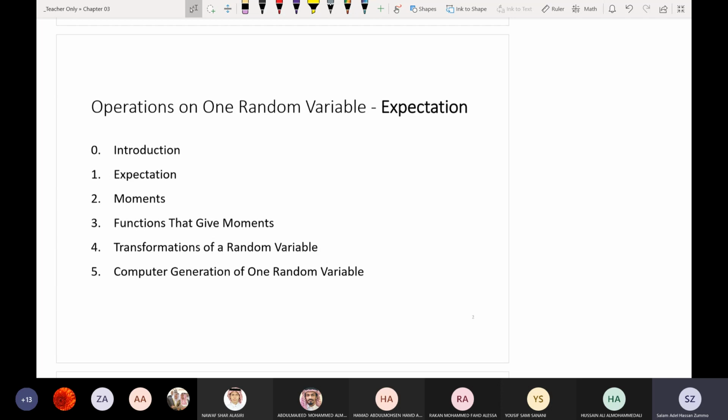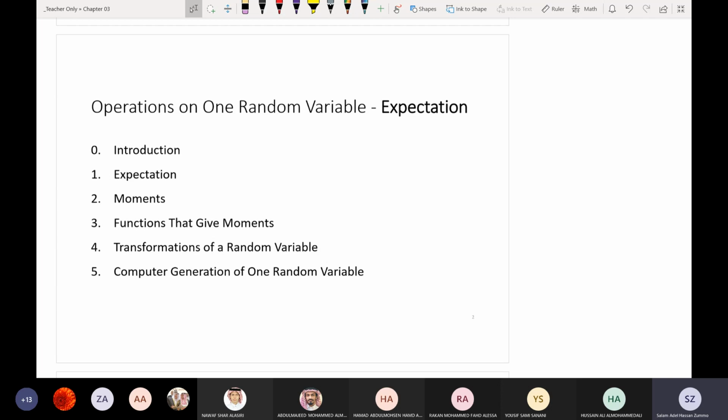And then we'll define moments, among which we'll talk about all the different moments that we have already talked about, like variance, mean, and standard deviation, and much more. And then we'll talk about functions of moments. And then we'll talk about transformation of a random variable.